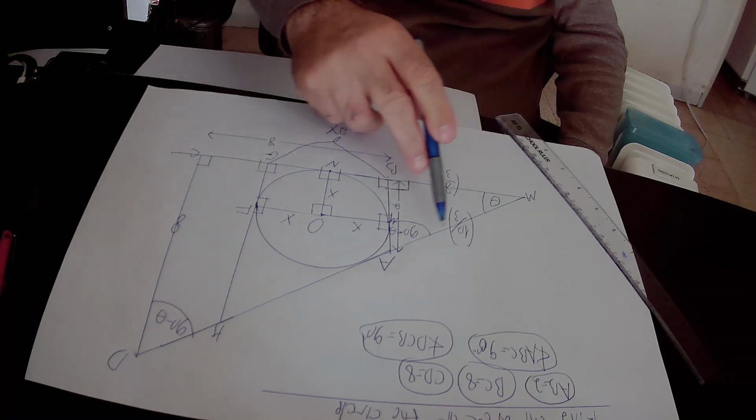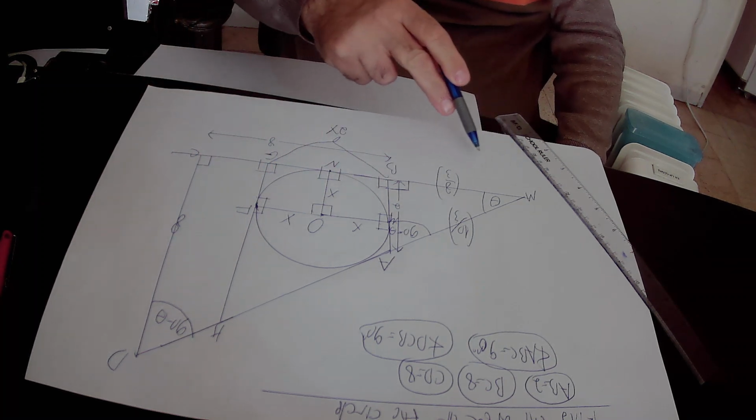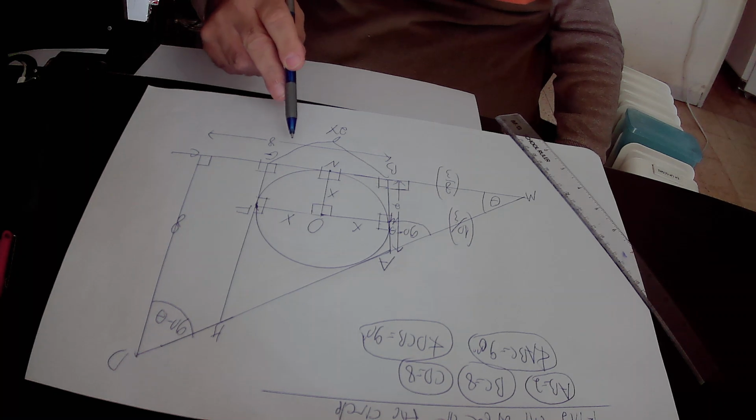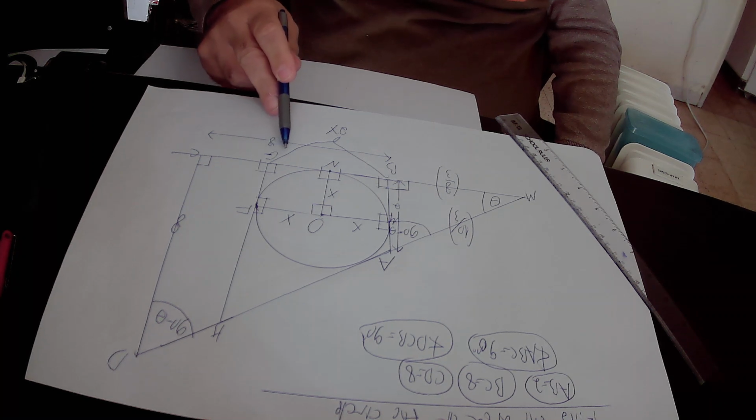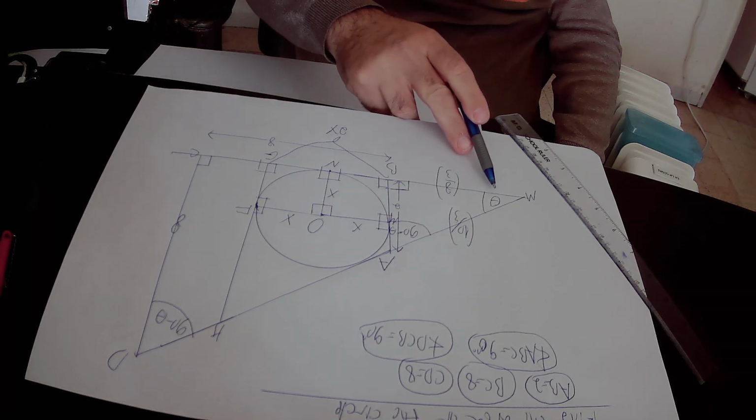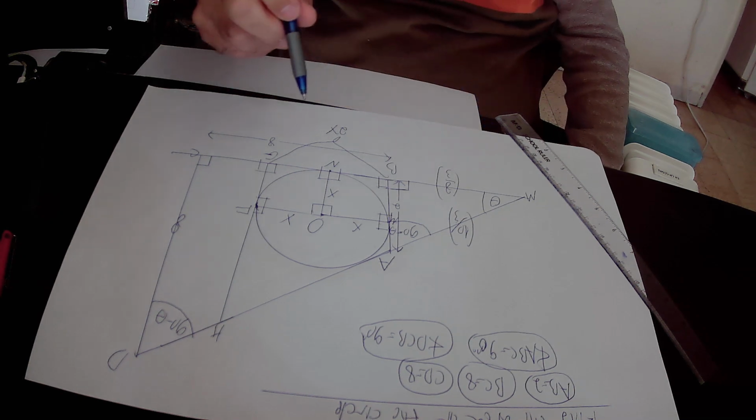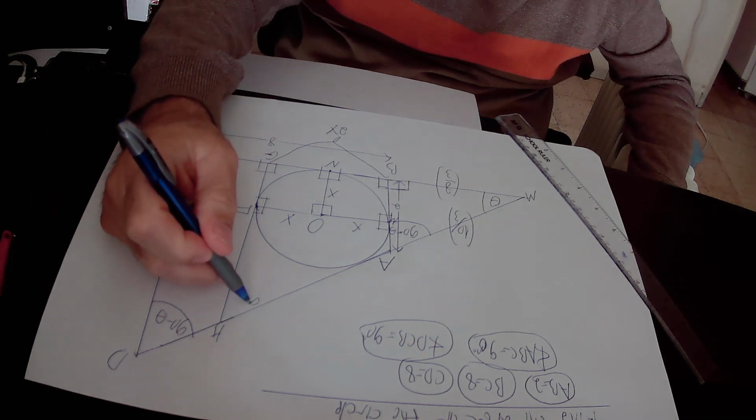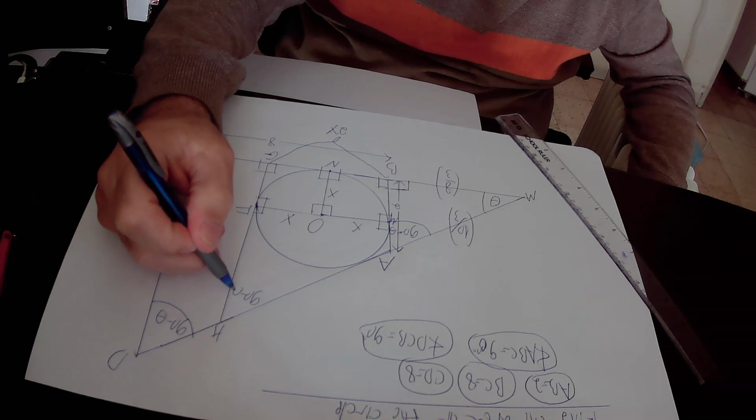In the right triangle MKG, this angle equals 90 degrees. This angle equals theta, therefore the missing angle here must be equal to 90 degrees minus theta.